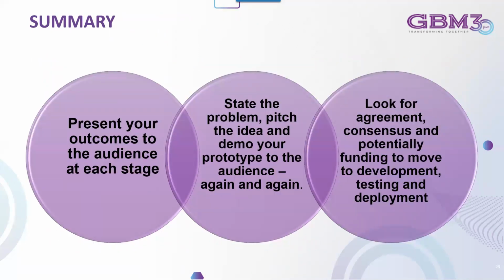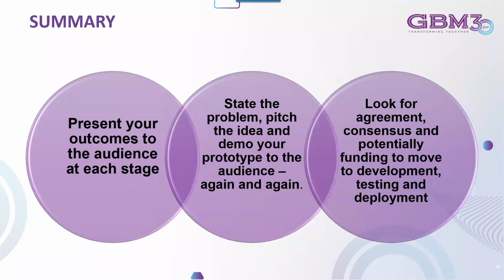So to summarize what we've talked about here, present your outcomes. At the end of each stage, at the end of each sprint, there must be a deliverable. There must be something that says, right, okay, this is just a wireframe, but this is what we've delivered. Every time, state the problem and pitch the idea and the demo into your prototype again and again. Keep reinforcing what is the pain, what is the problem that your solution is going to solve.